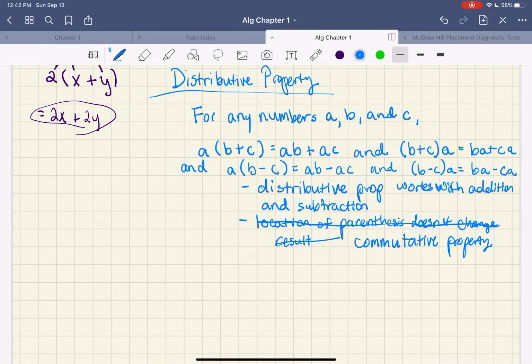Let's look at some examples then. Our section starts out with a word problem because you guys are already getting pretty good at simplifying things.